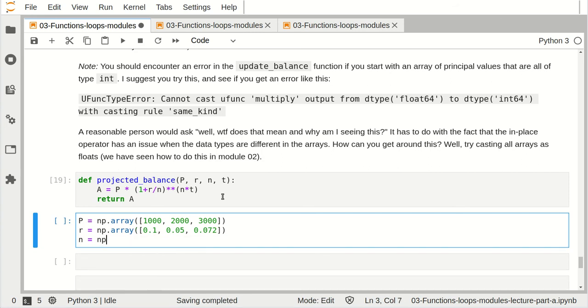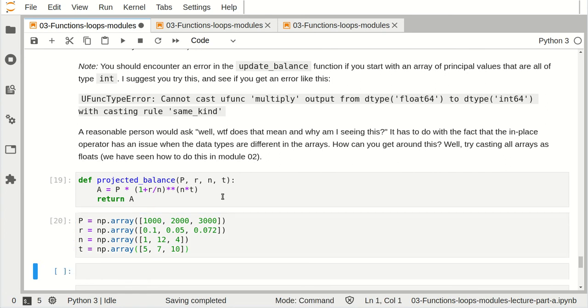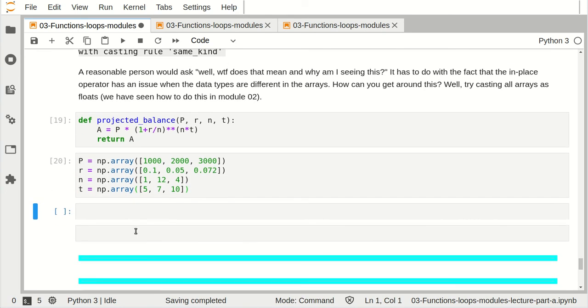Let's say the number of times that these are compounded is, let's say, monthly, so 12, and then suppose that at 7.2, it's quarterly. Okay, so here are our different rates, and then let's say for times, for each one, we can do maybe 5 years, 7 years, or 10 years. So these are perhaps different arrays. You didn't have to choose these values. I'm just giving you some different ones.